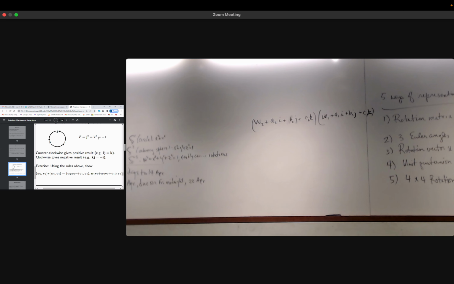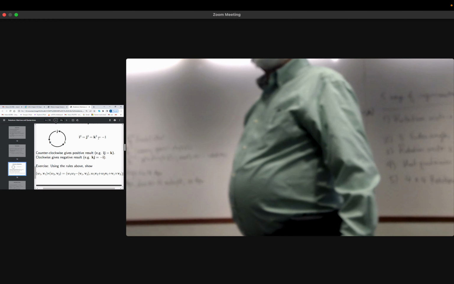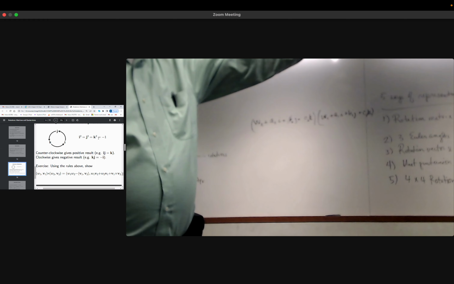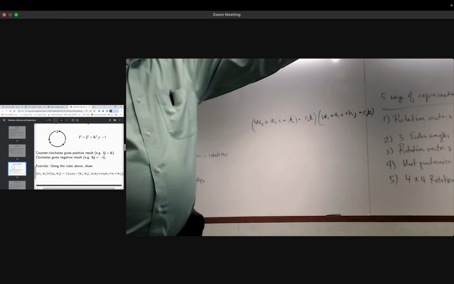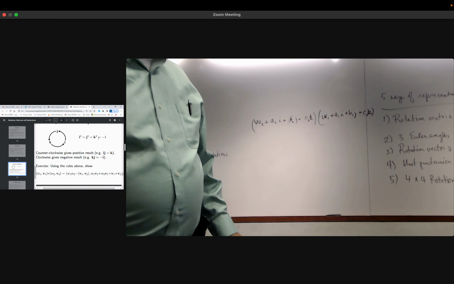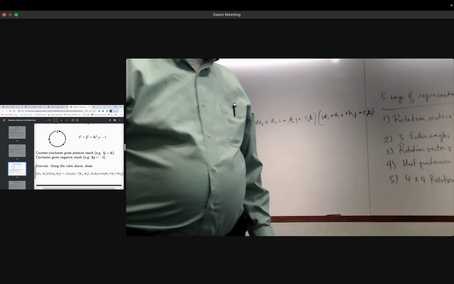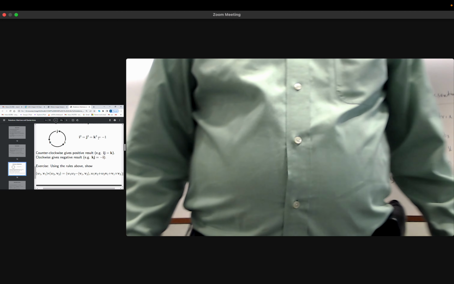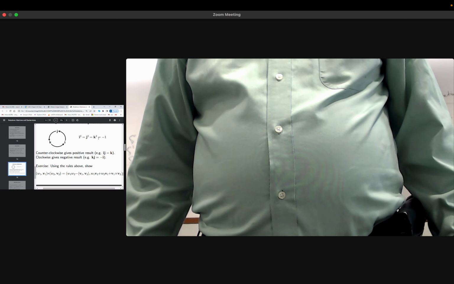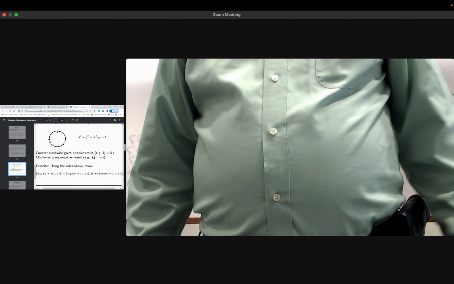Okay, so I claim that a unit quaternion, one where W squared plus A squared plus B squared plus C squared is equal to 1, performs a rotation.